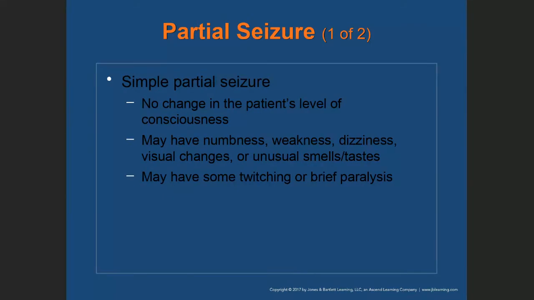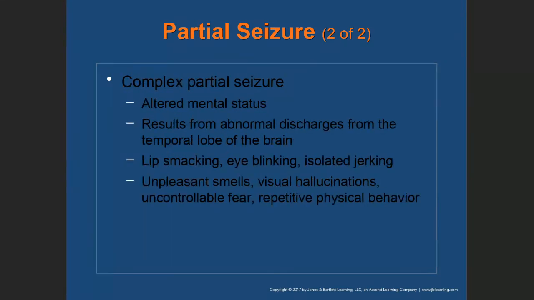They may have numbness, they may have weakness, dizziness, visual changes, or unusual smells, tastes, and they may have some twitching or brief paralysis. That's a simple partial. A complex partial seizure will cause altered mental state, right? So it's going to cause an altered mental status. So that's the difference really between a simple and a complex partial seizure.